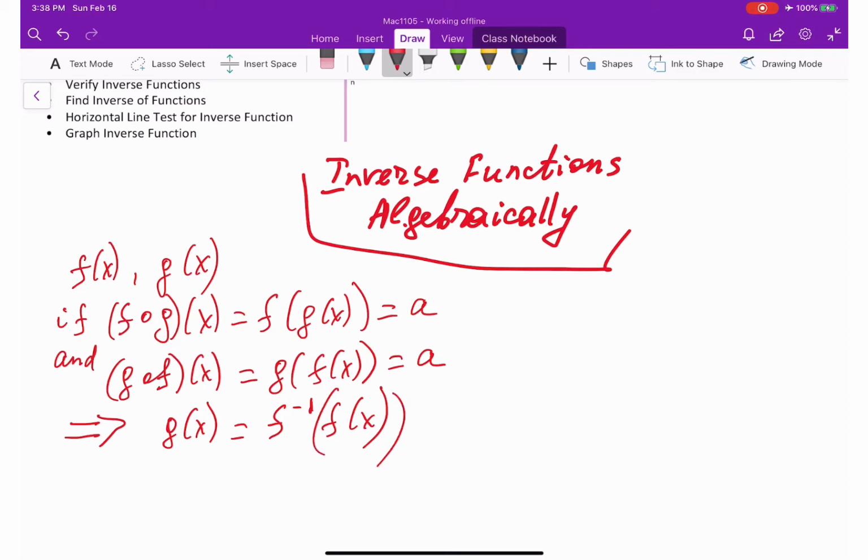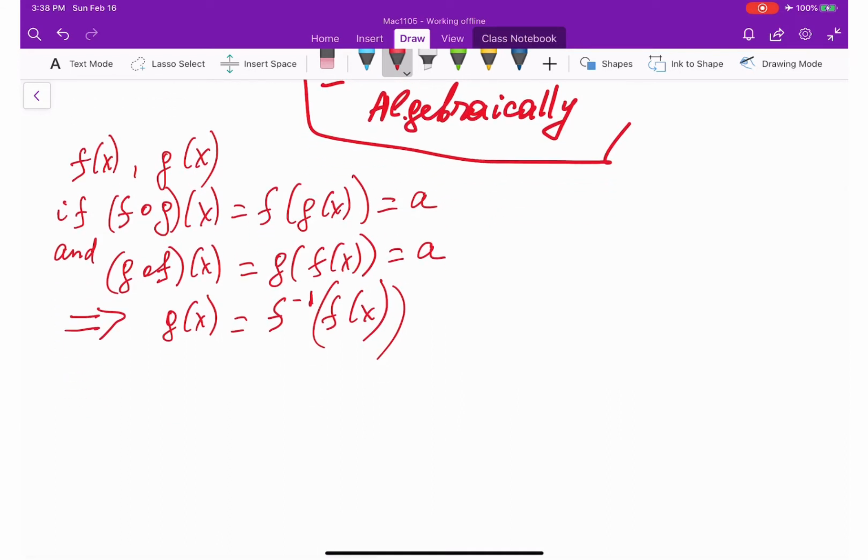Okay? And vice versa, f of x is inverse of g of x. So practically we are going to take f composite with g, and then g composite with f, and if we get the same result, then these two functions are inverse. So let's take an example.